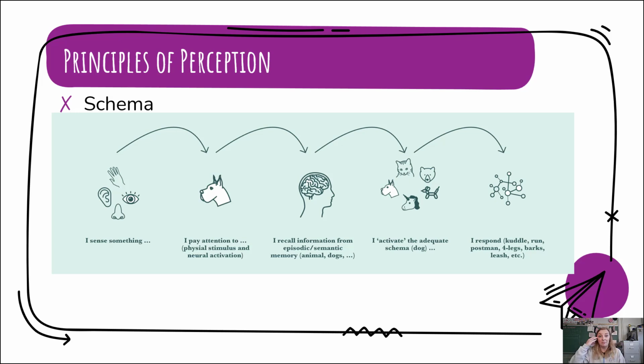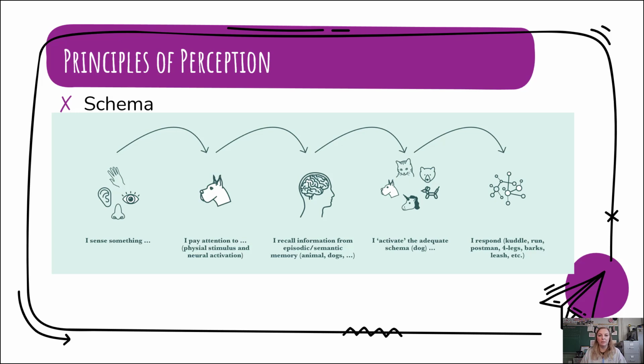These are our pieces of information that we have in our brain about a particular concept. For example, you can pull a file folder about a dog out of your brain, and this will have all of the things you know about dogs. They have 4 legs, they have a tail, they are furry, they bark. All of these characteristics make up our schema of a dog.